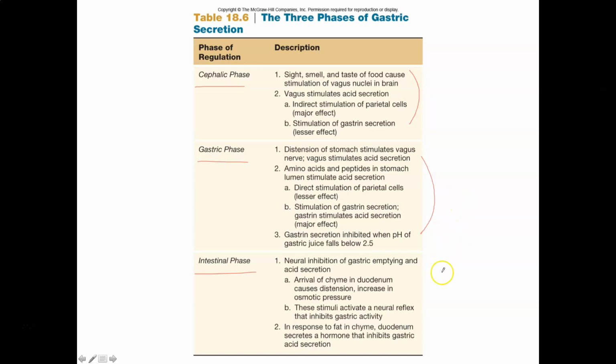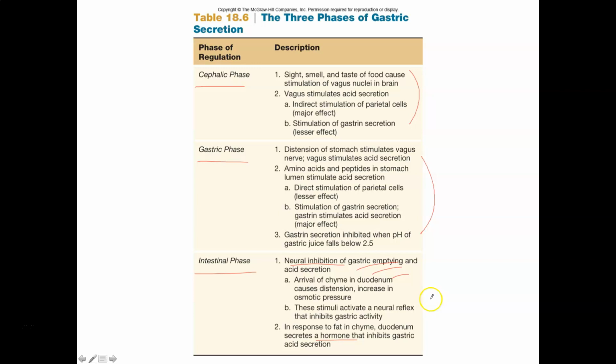And then we are releasing that chyme into the intestine, but then the intestine responds through a neural inhibition and through an endocrine, a hormonal inhibition, so that we can limit gastric emptying and give the intestine time to process what has entered it, so that you can digest properly and absorb properly without pushing too much chyme into the intestines.